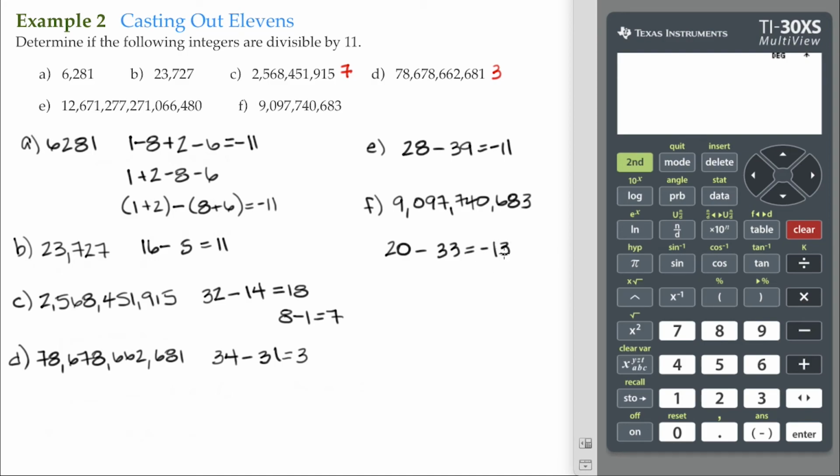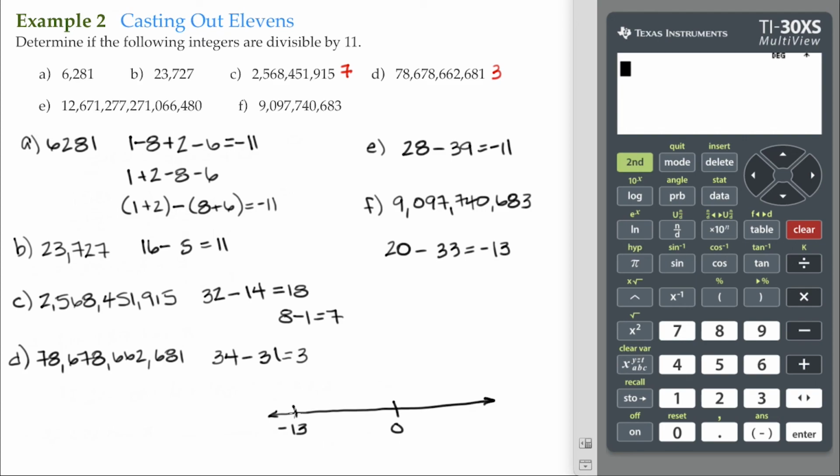Now to determine the remainder, so therefore 11 does not divide into 9,097,740,683, but to determine the remainder, we'll do a practical approach with our number line. If this is negative 13 here, here's 0.